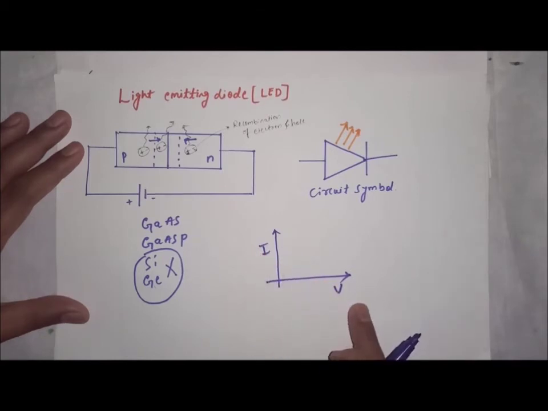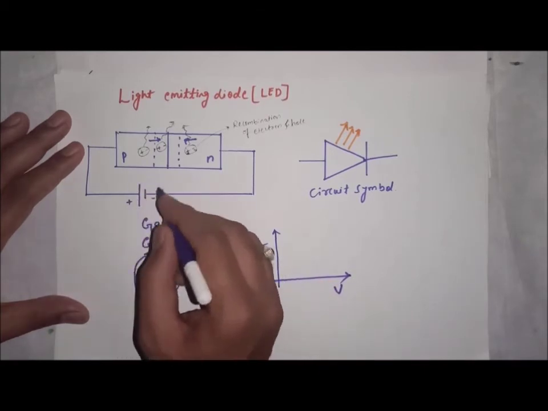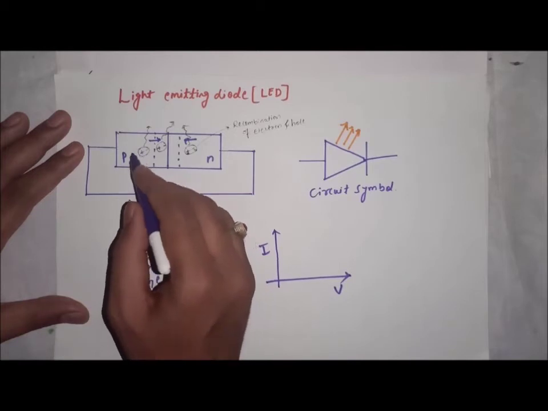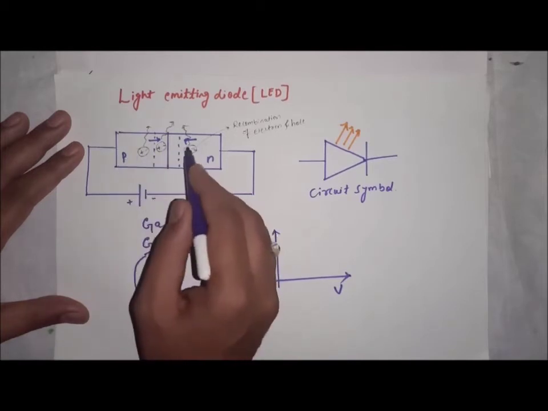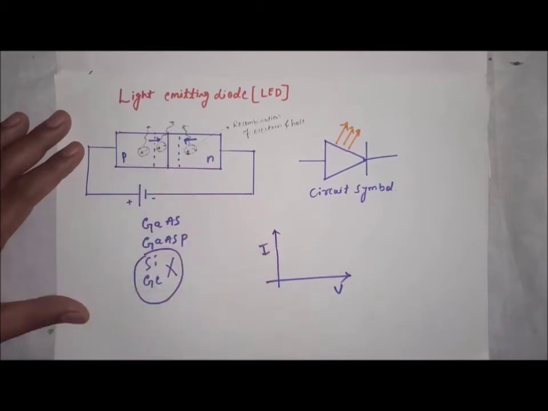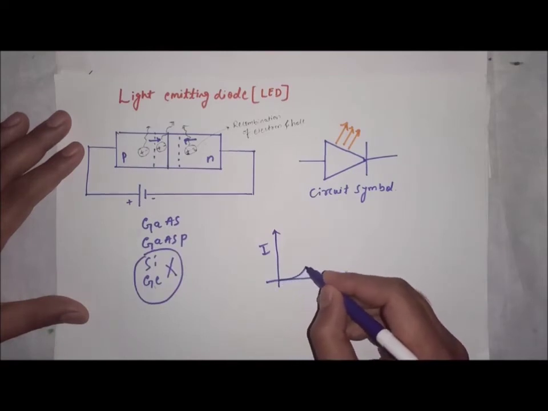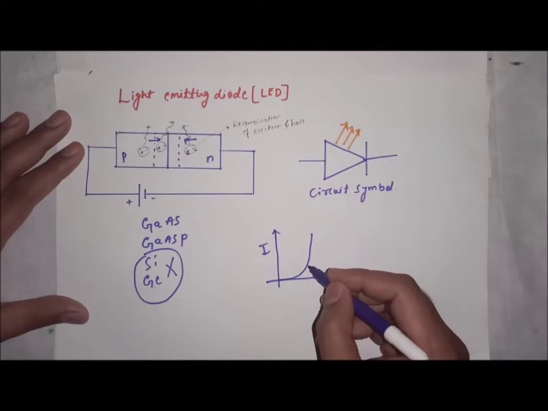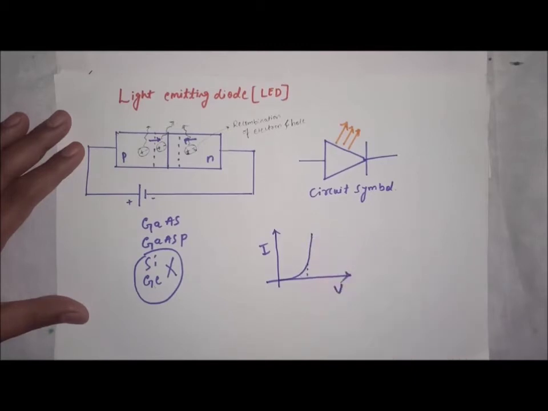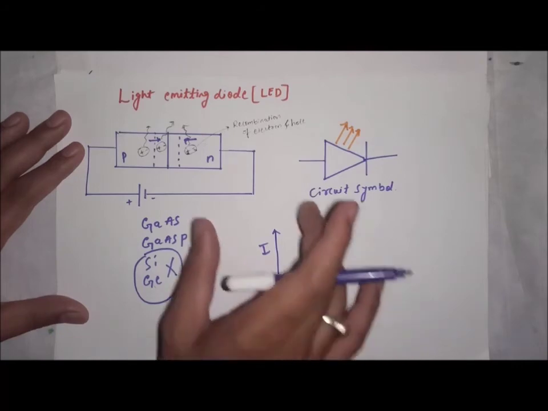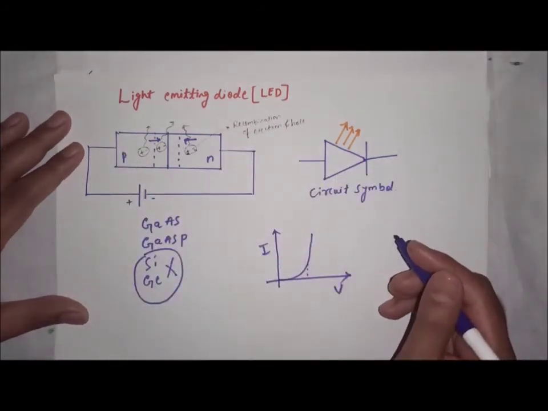If you plot voltage and current, as the voltage increases, what happens? In the beginning there is no current, no charge carriers cross the junction, but once it reaches some voltage called the cut-in voltage, the current suddenly increases. So this is the VI characteristic of our light emitting diode.